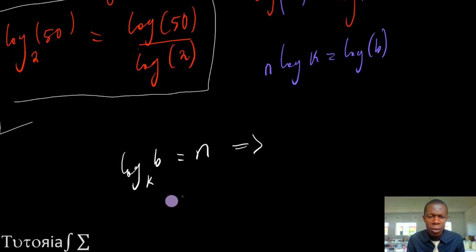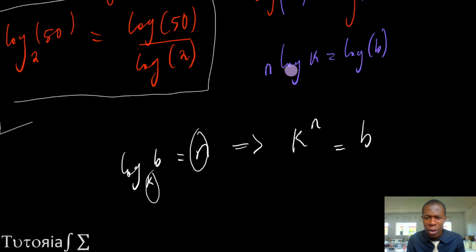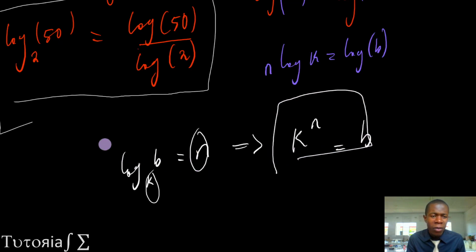In index form, the base k stays the base, and n becomes the power: k to the power n is equal to b. Making n the subject of the formula here will prove this theorem, and that is how you can convert this to index form.